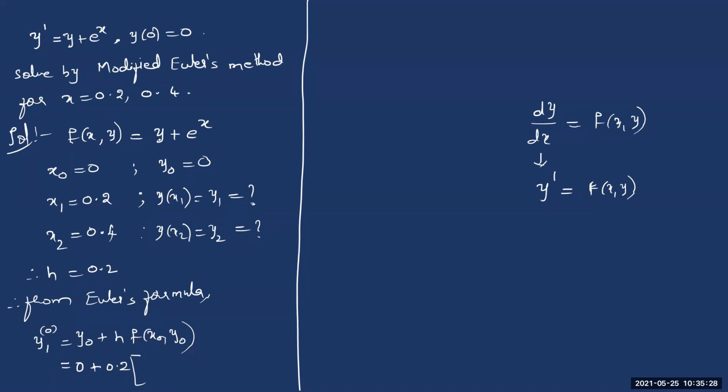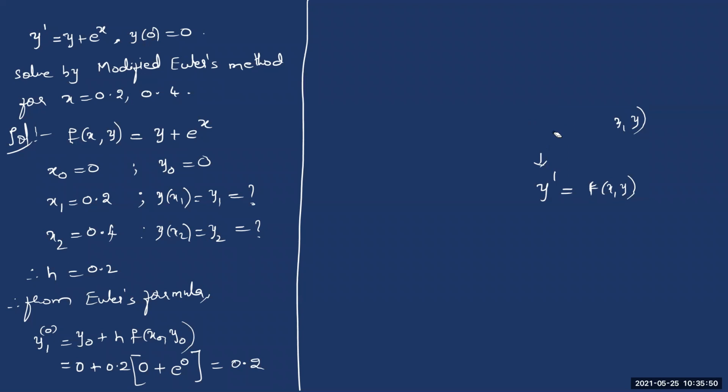So I'm just substituting y equal to 0 and x equal to 0, nothing else. So it is 0 plus e to the power of 0. As we know, e power 0 is 1, and 1 plus 0 is also 1. 1 into 0.2 gives 0.2. So the initial approximation to y1 is 0.2.